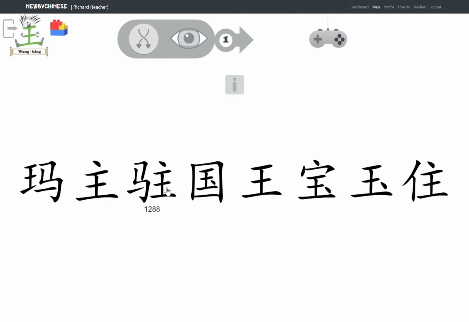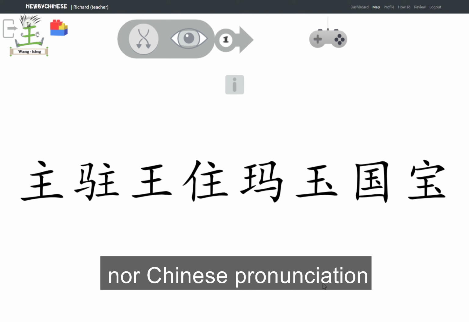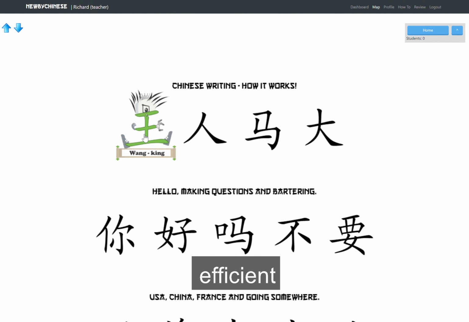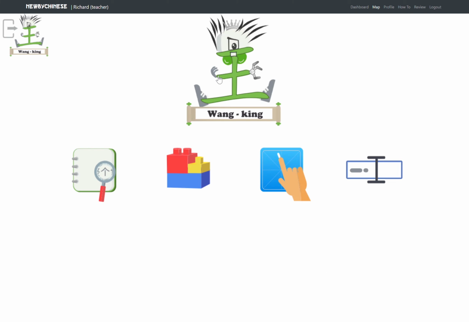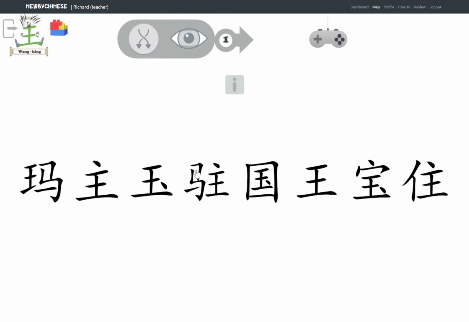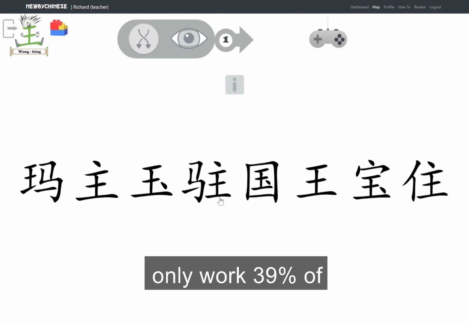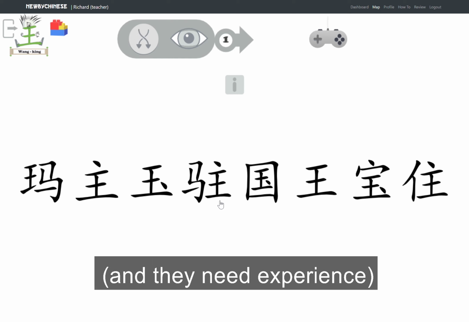within that 2D structure. You will have noticed we don't have the pinyin here, nor do we have the Chinese pronunciation. And we've done this quite deliberately. We want to make the most efficient way to learn Chinese characters and spoken Chinese. And we're going to separate them temporarily because pronunciation hints, these side phonetics, only work about 39% of the time, which is really pathetic as a system.